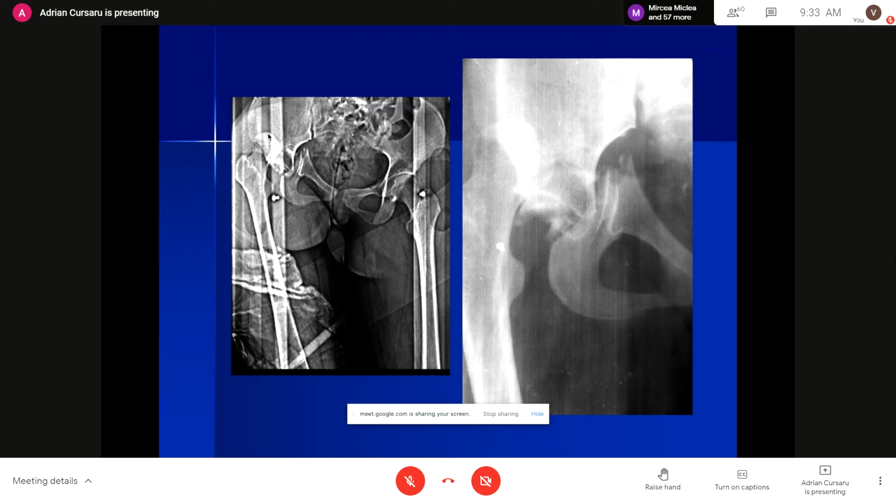But if you have a polyfracturated patient, do you think it's a polytrauma patient? Not necessarily. It is very important to associate other lesions.